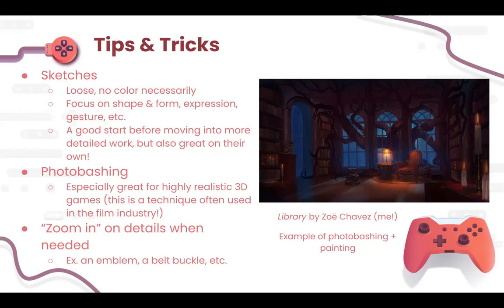And then also, like I showed you in some of those prop examples, zoom in on details when needed. You might draw something on a belt buckle, for example, that when you draw it in the full rendered image, is a bit small or squiggly.